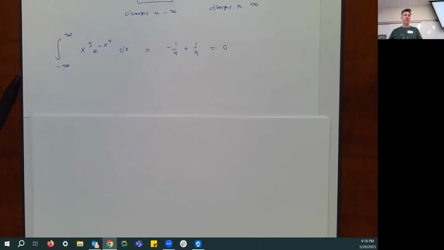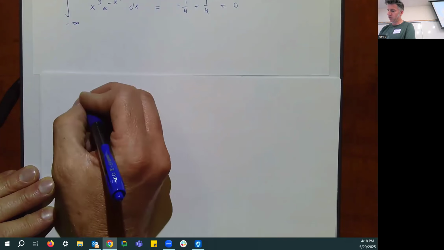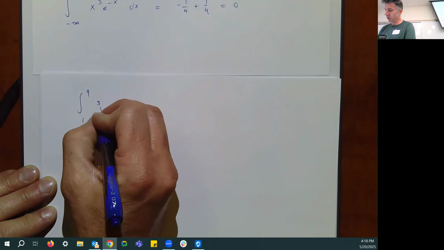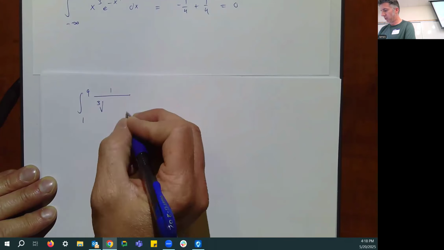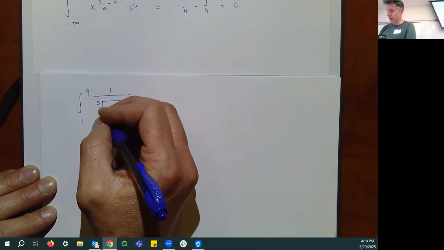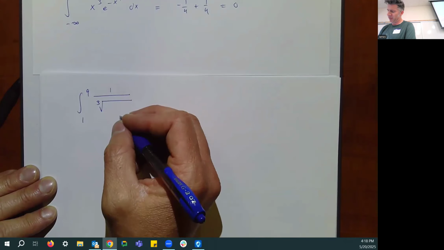All right, so the other type of improper integral is when your function is undefined somewhere on your interval of integration. For example, the integral from 1 to 9 of 1 over the cube root of... I had a number in my head and now, oh, sure, fine. No, I don't want to do that. That's terrible. Sorry, I thought I had something great.